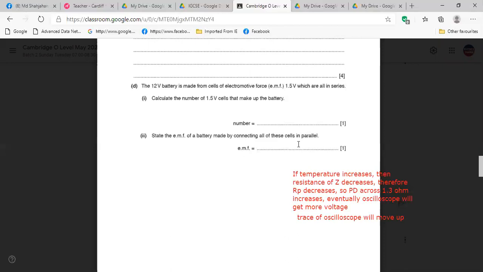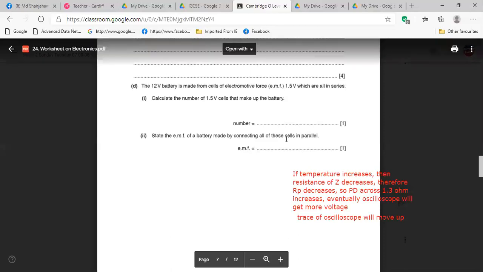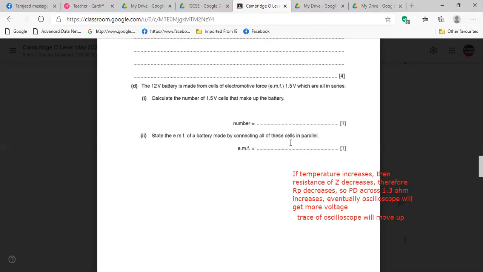Yes, if they are in parallel, it will be 1.5. Why 12 volt? Because if they are connected in series, that time it is 12. Okay.